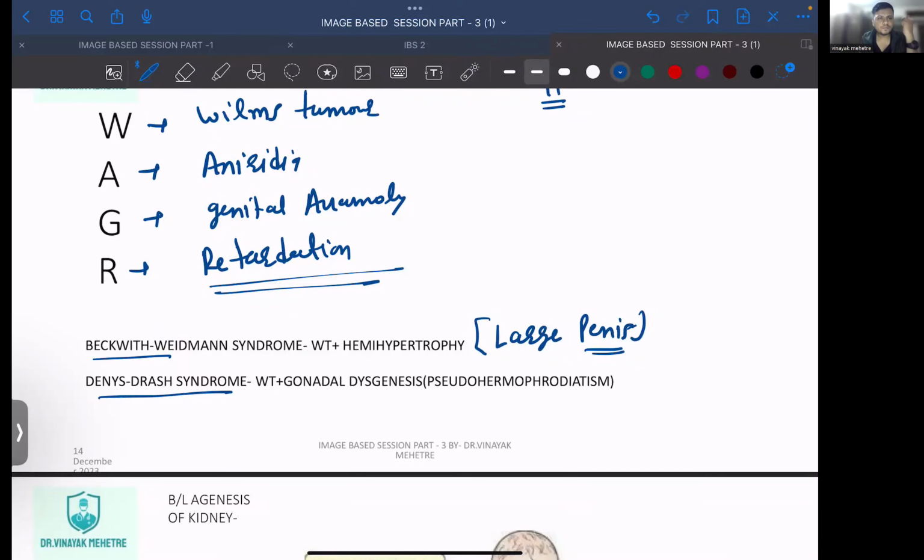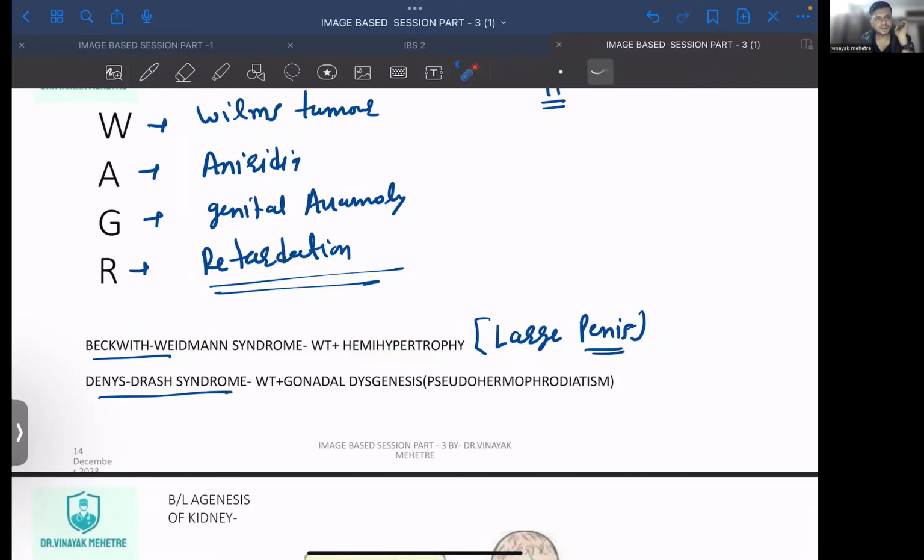Hypertrophy of the penis. If you are going to smoke weed, what happens? You are going to have sexual arousal, so size will increase. So weed will increase the size. That is called hemihypertrophy.